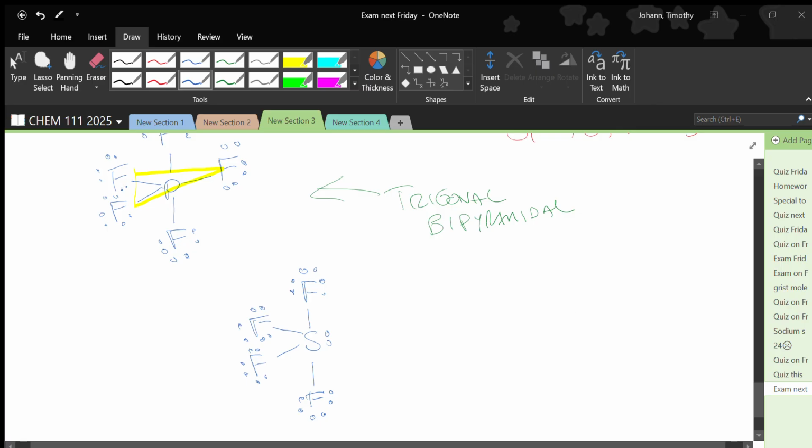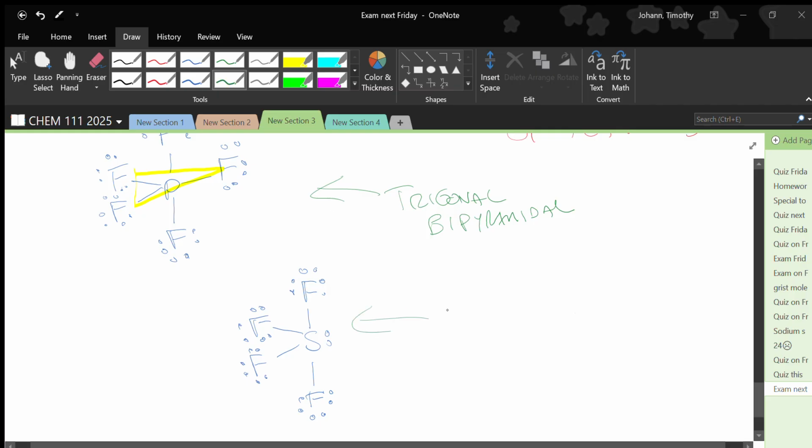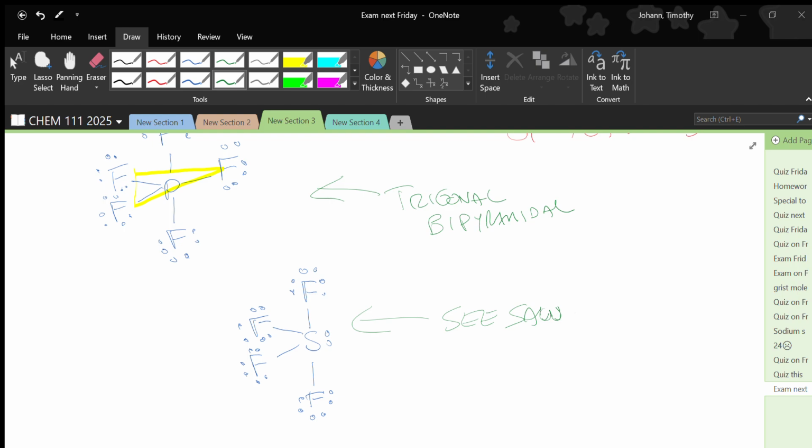And it's a subset of trigonal bipyramidal. We call this seesaw. I did not make these names up, okay? They're just what the names are. Because it's kind of like a seesaw. If we turned it on its side, you could go back and forth, right? Stood it up on these two fluorines.